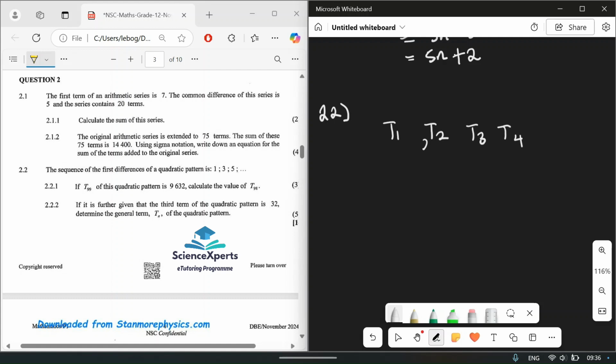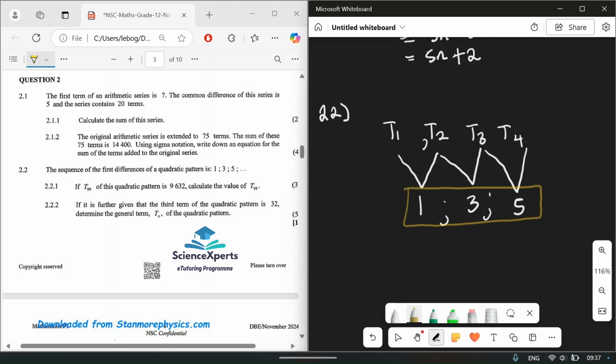The difference between T1 and T2 gives us 1, the difference between T3 and T2 gives us 3, then the difference between T4 and T3 gives us 5. So the sequence they give us, 1, 3, 5, is this one. This is where it comes from.